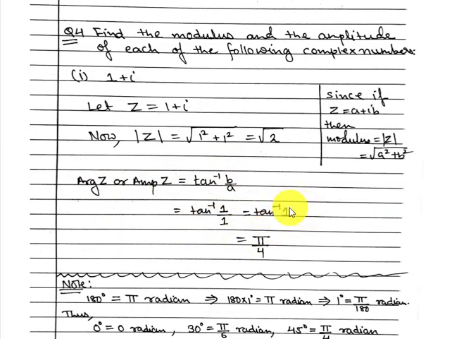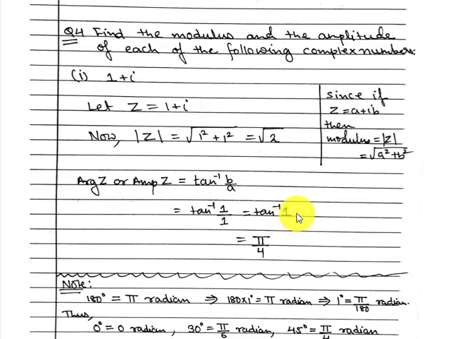Now, we have a separate chapter for this inverse function, and that we will deal with in class 12. So right now you have to just see it like this. Suppose here I got tan inverse 1, so you have to tell me the angle for which tan gives you 1.